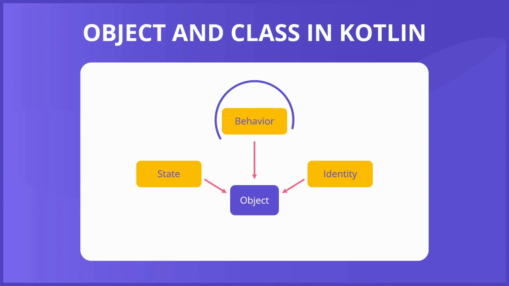The behavior represents the action of an object, such as start, stop, etc. The identity is used internally by the Java virtual machine in order to identify each object uniquely. The value of the ID, though, is not visible to the external user.